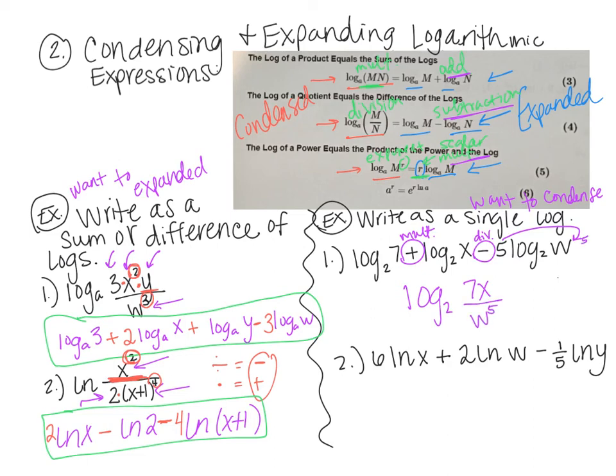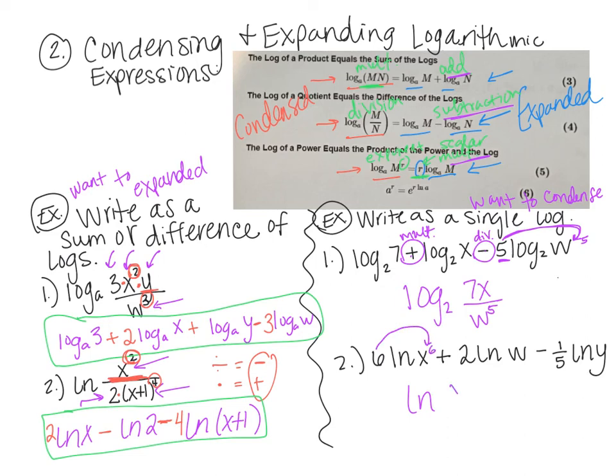Okay, so see what I did? I took that number that was in front. It became the exponent here. I turned my addition into multiplication. I turned my subtraction into division. Okay, let's look at our next one here. I need to write 1 natural log. This 6 is going to come up here to the x.